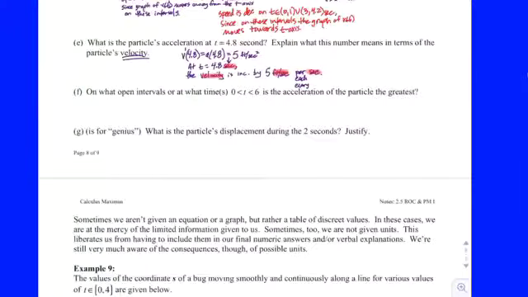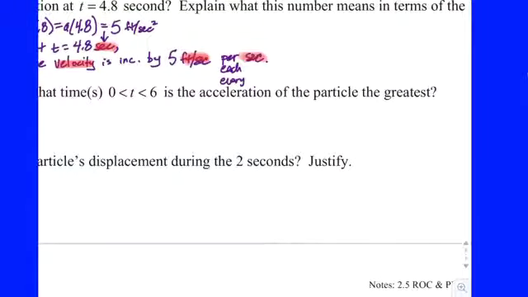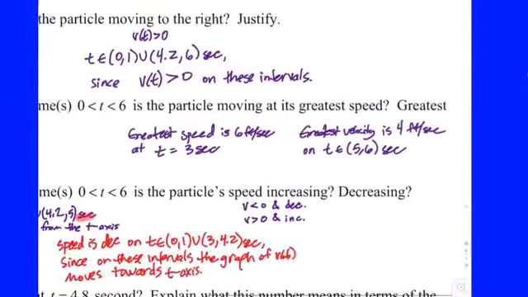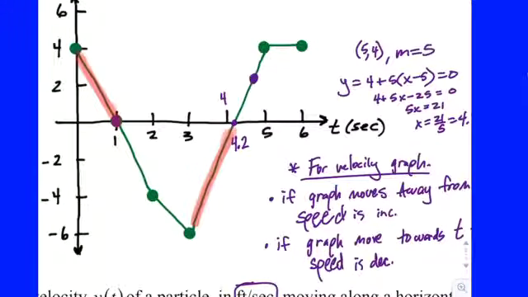So good so far? On what open intervals or at what times from 0 to 6 open is the acceleration the greatest? So now we're looking for where the graph is just in general the steepest in any direction? Right, the most positive. As far as I know, there is no speed equivalent to acceleration like there is for velocity. We have velocity where sign matters and speed where it doesn't.